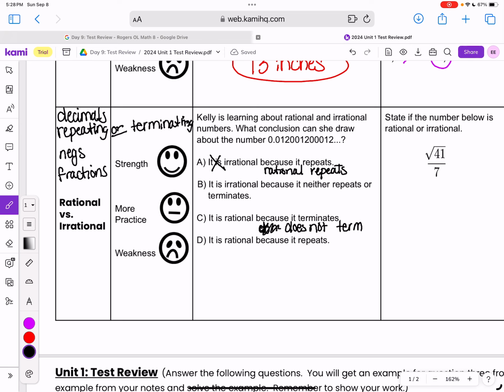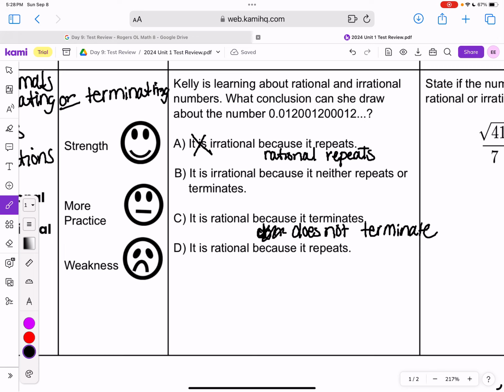And it's rational because it repeats. This one is where people get confused, whether it repeats or does not repeat. There is a pattern. However, the pattern is not repeating. It would have to be like 0, 1, 2, 0, 1, 2, 0, 1, 2, right? But the numbers are not repeating.